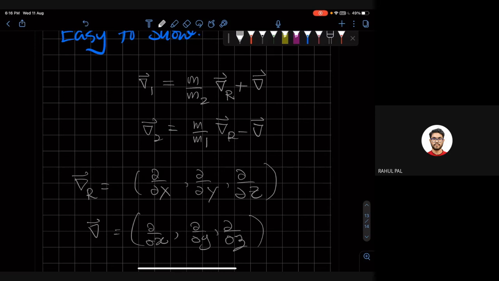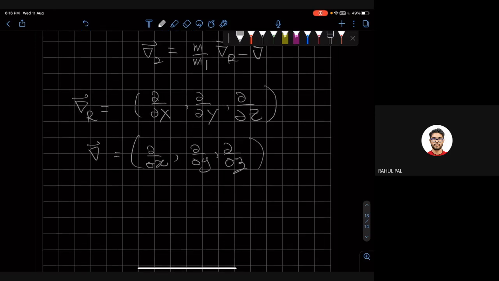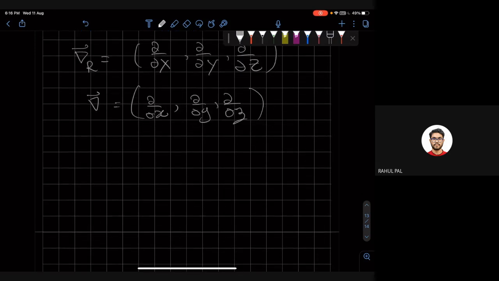So if I now do this, then the Schrodinger equation becomes very easy to look at.